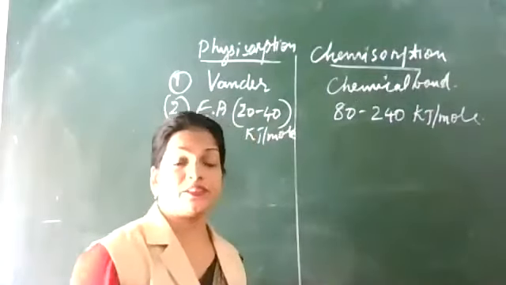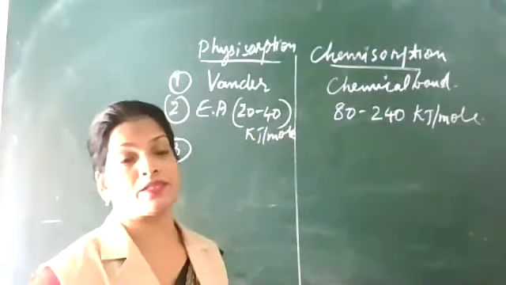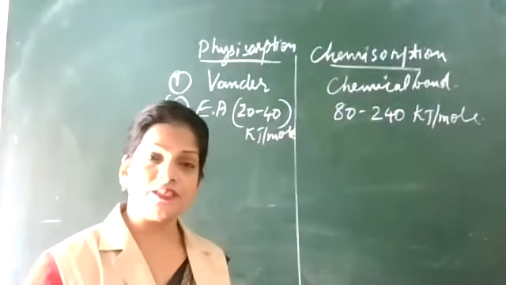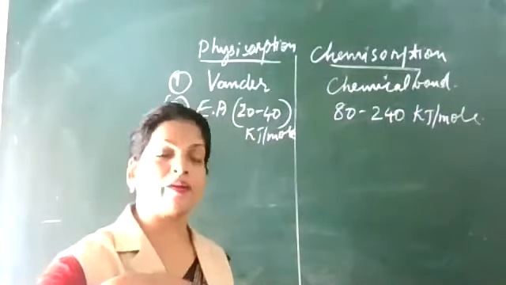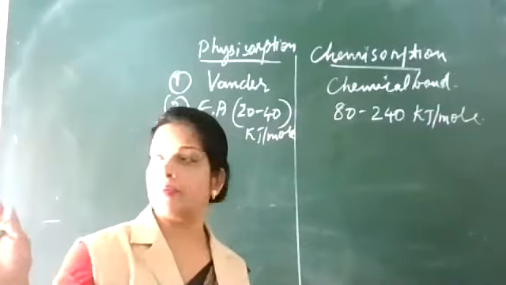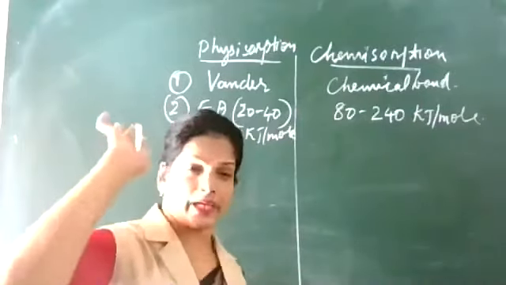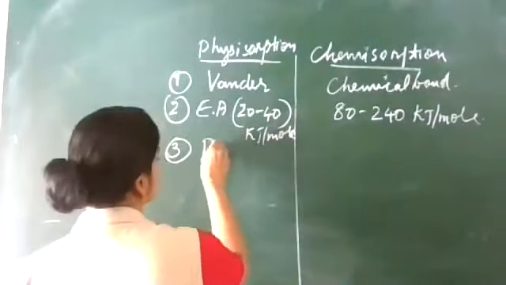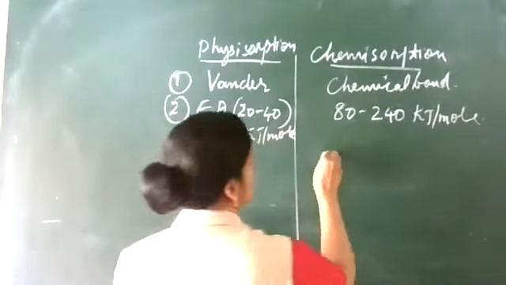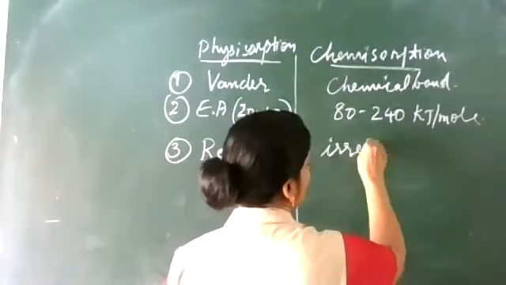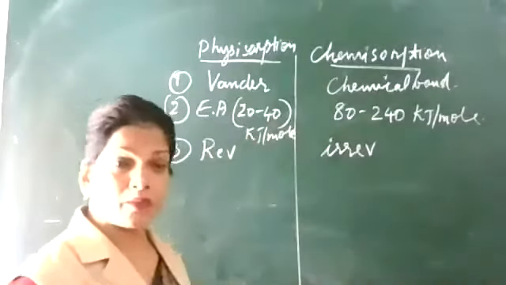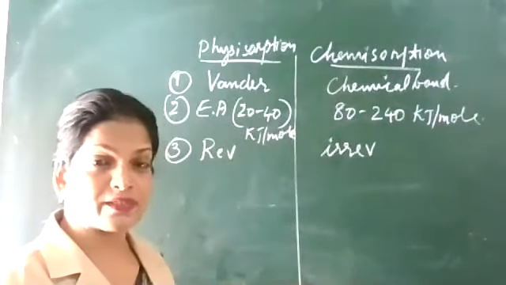Now, physisorption is reversible while chemisorption is irreversible. In physisorption, the molecules are adsorbed, but on heating, or as the temperature increases, the molecules get away. That means it is reversible. But chemisorption is irreversible. Why? Because a chemical bond is formed between the adsorbate and adsorbent.